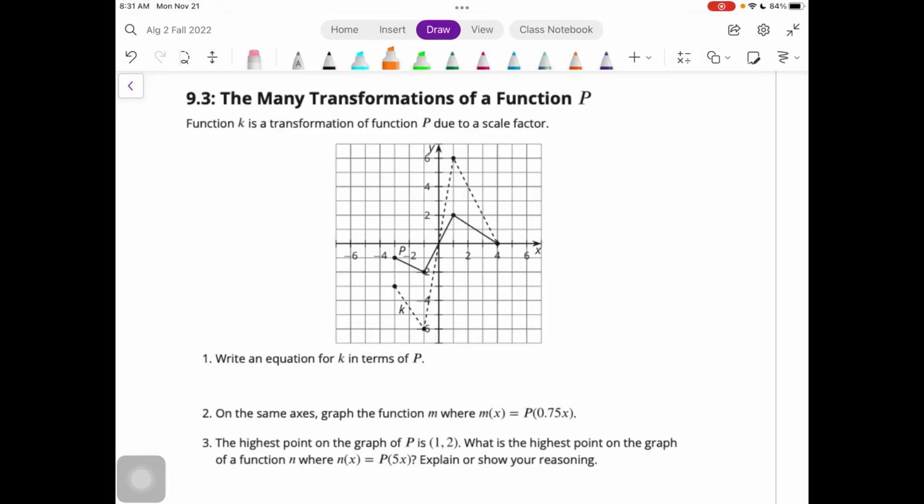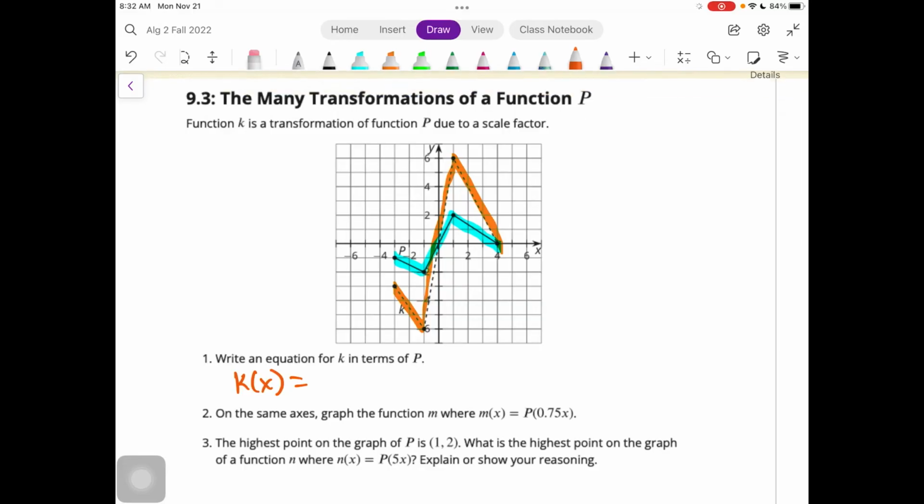This is function k, and this is function p. So we're multiplying function p by something. So it's k of x equals something.